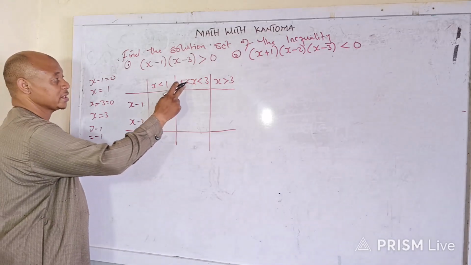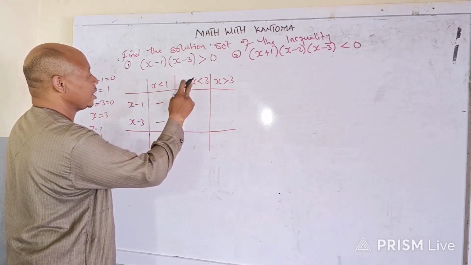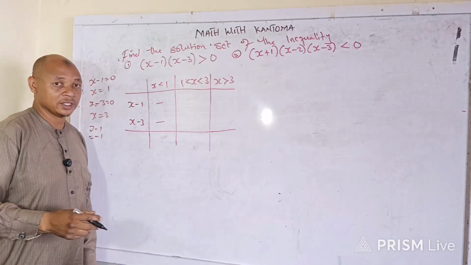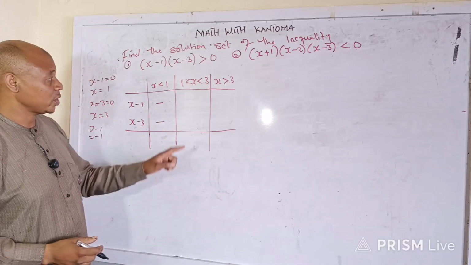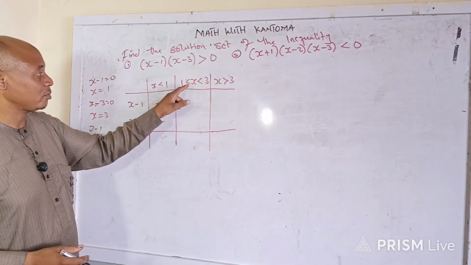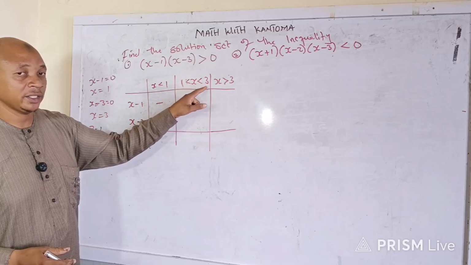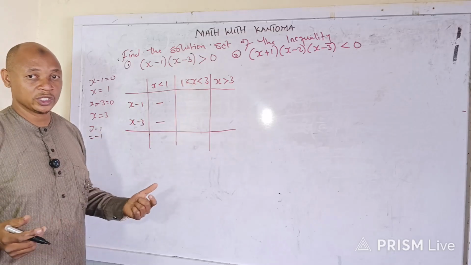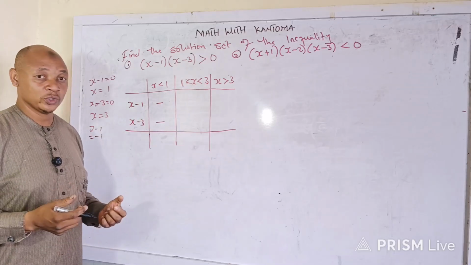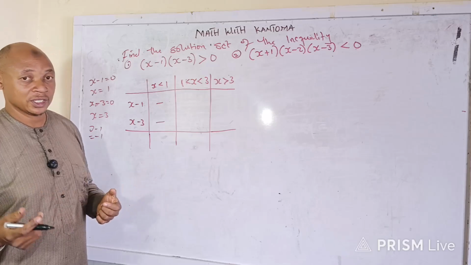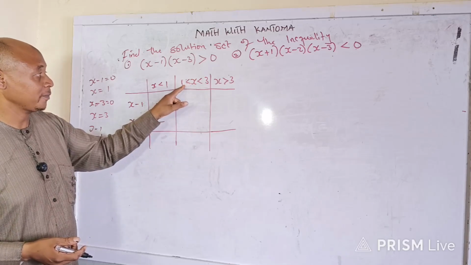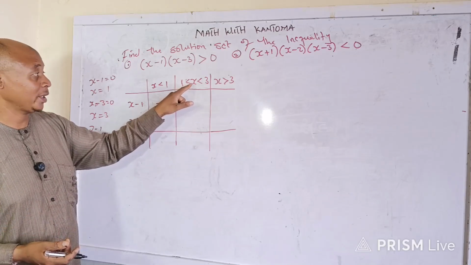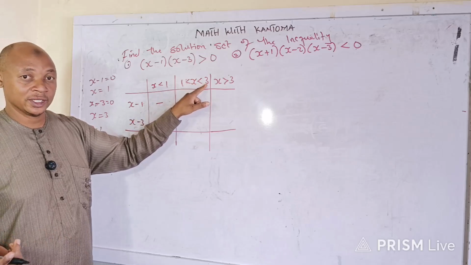Then now moving to the next, we said x lying in between 1 and 3, x greater than 1 and x less than 3. So what number do we have that is in between 1 and 3? Think of 2. 2 is greater than 1 and 2 is less than 3.